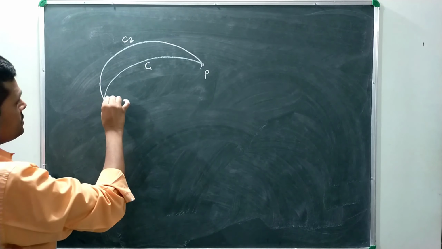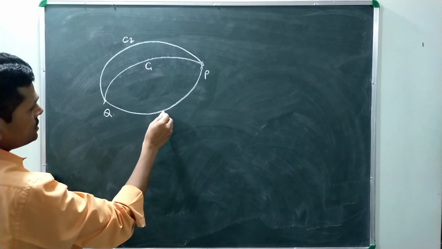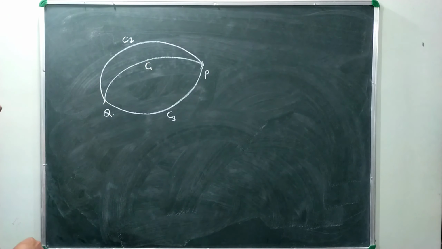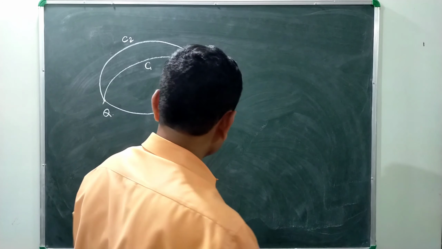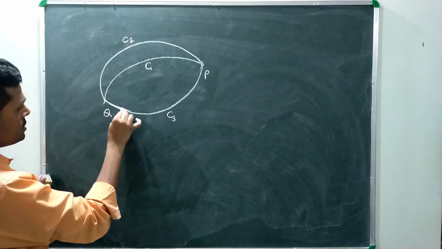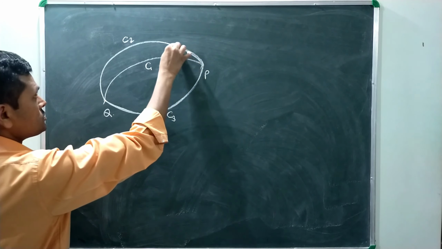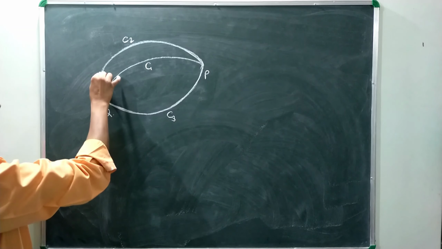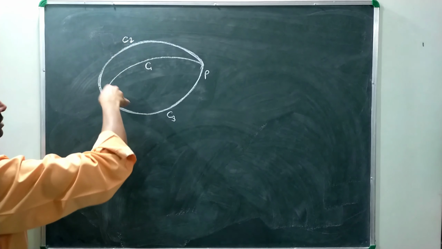Now let us assume that we have one more curve here which is C3, which also connects the points P and Q. Now if we assume curve C3 plus C2, this one, C3 plus C2 means this one.